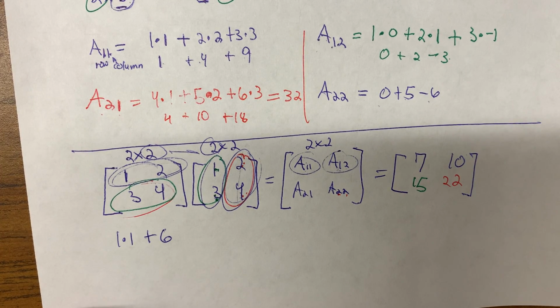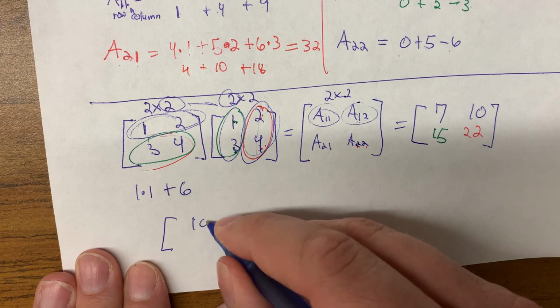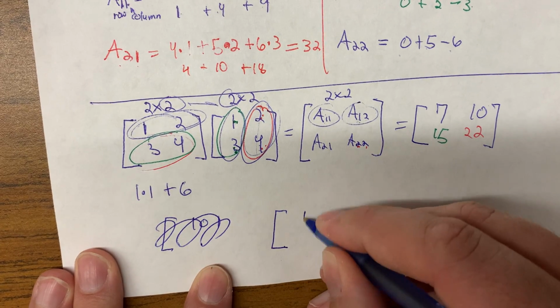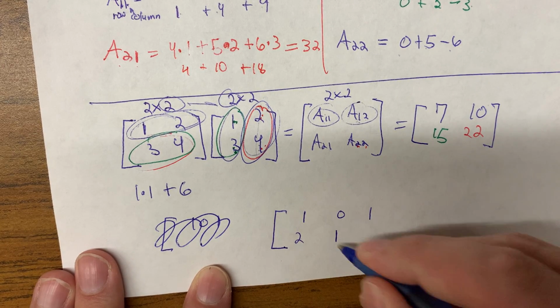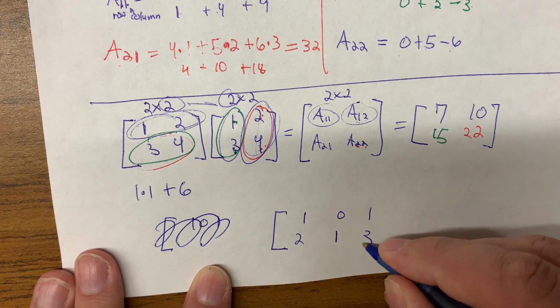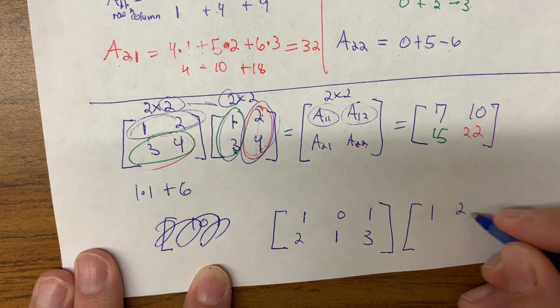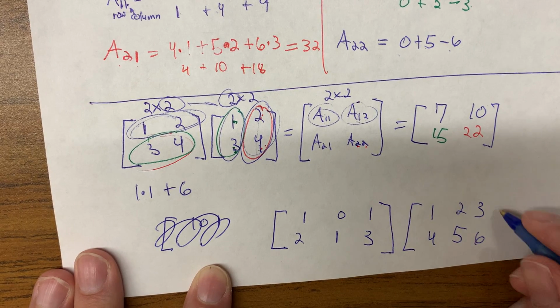Try this next one on your own as well. Let me write it more neatly: [1, 0, 1; 2, 1, 3] times [1, 2; 3, 4; 5, 6].